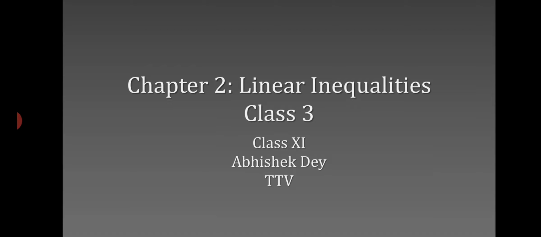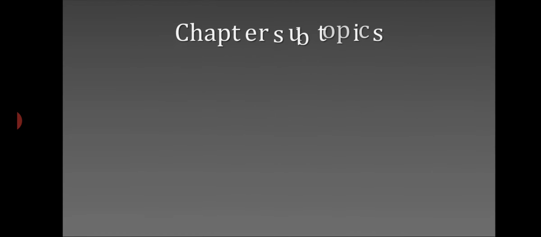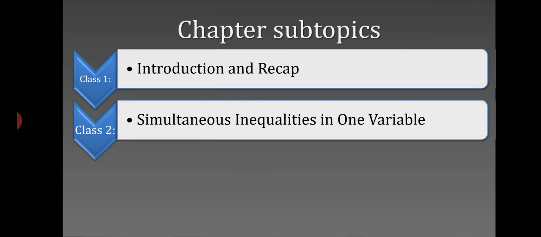So we completed two classes on the chapter linear inequalities and we start off with the third one. In the first two classes we already did the introduction, and in the second class we talked about simultaneous inequalities.